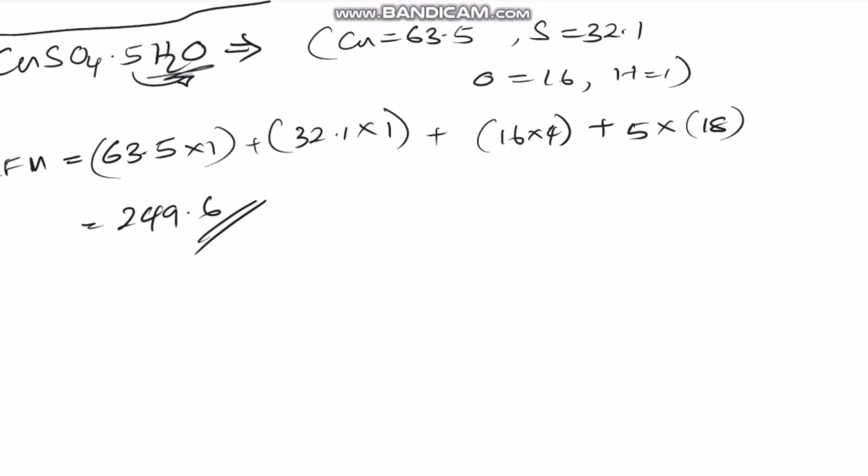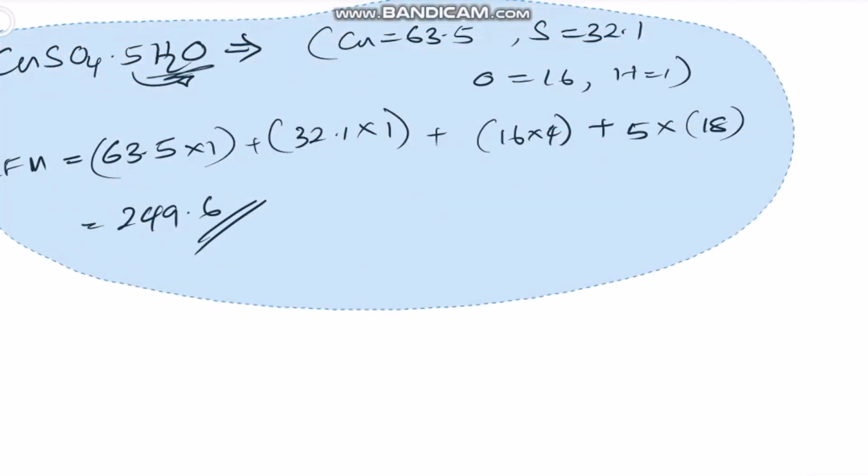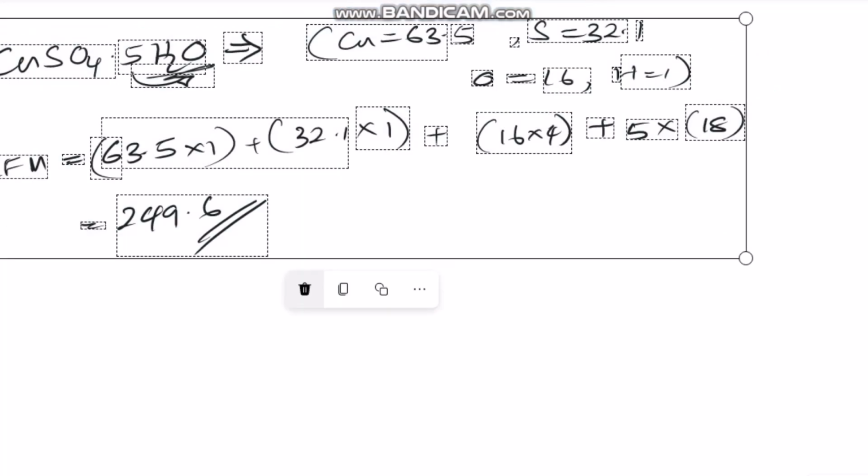Once you know the relative formula mass and the relative atomic mass, we can calculate the mass percentage of any substance. For example, the mass percentage of nitrogen in ammonium nitrate, NH4NO3.